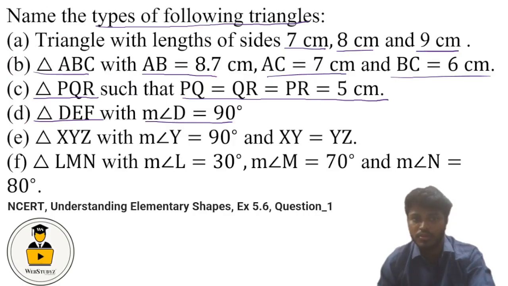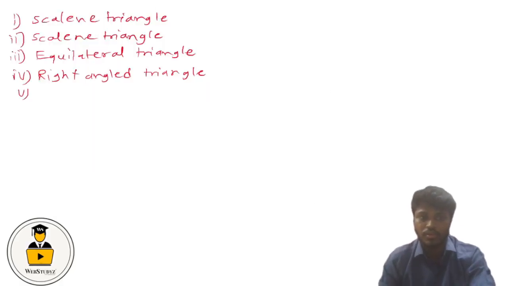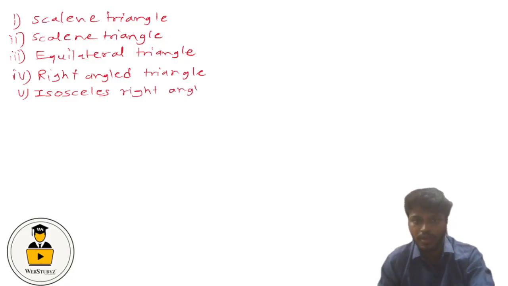Now for the next question, we have a triangle XYZ where measure of angle Y is 90 degree and measure of two sides of a triangle are equal, XY equals to YZ. So since two sides of a triangle are equal, we call such triangle as isosceles triangle, and one of the angle is right angle. So we will call this type of triangle as isosceles right angled triangle.